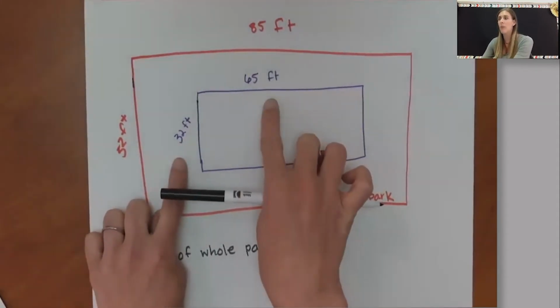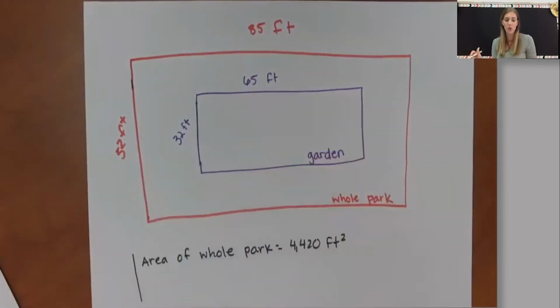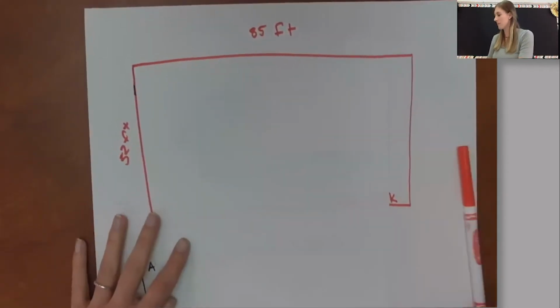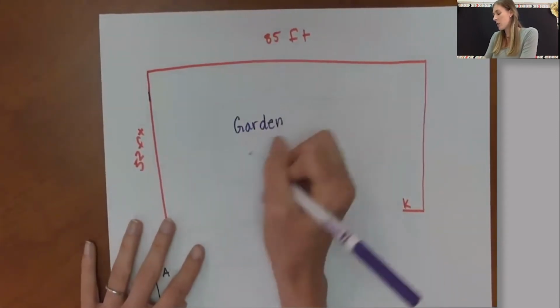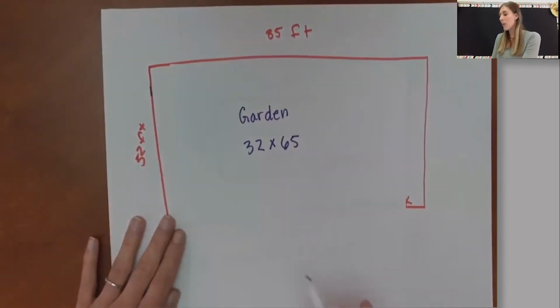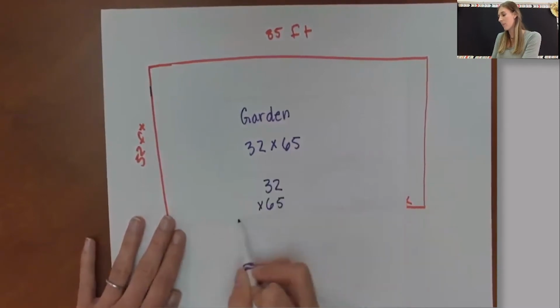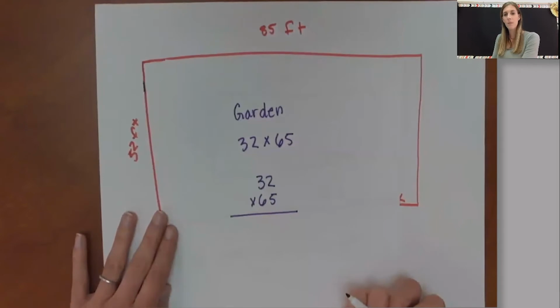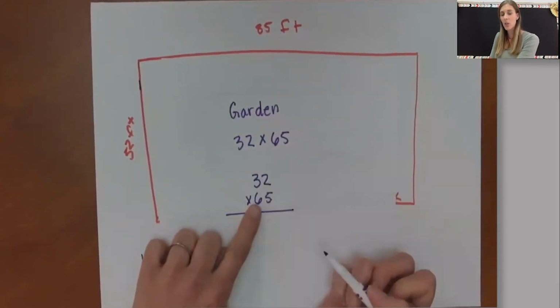Again, we will multiply. Let's try using only the partial products this time, instead of actually drawing out the entire area model. So let's think about our garden. The dimensions were 32 by 65. So write that vertically on your paper with me. We know that 5 times 2 is 10.